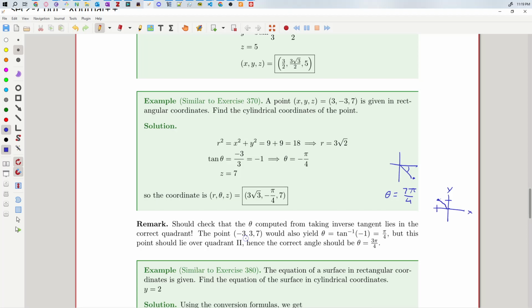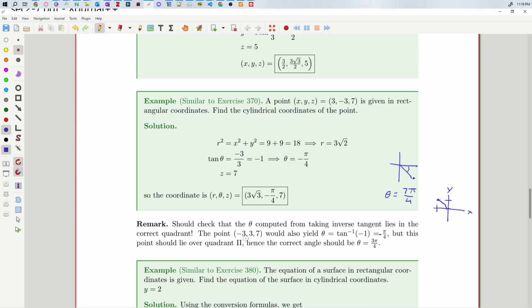But if you blindly use the formula, you do y over x and take the inverse tangent of it, you're actually going to get the same. Oh, there should be a minus there, shouldn't there? Yes, there should be a negative here. So if you blindly apply the formula and take the inverse tangent of minus 1, you would get negative pi over 4, agreeing with what we did above.